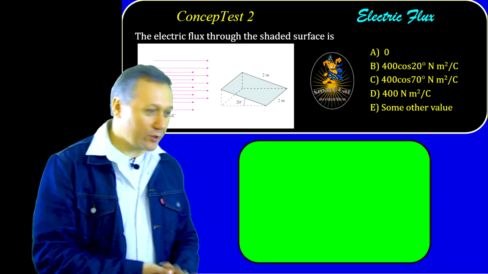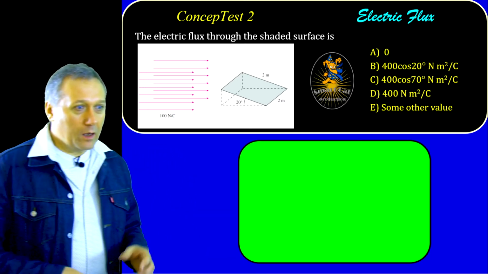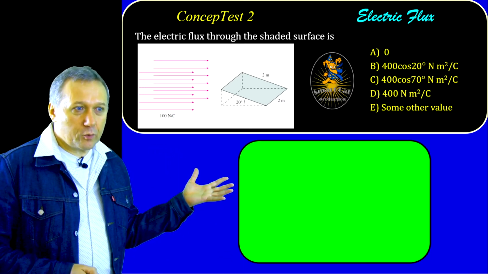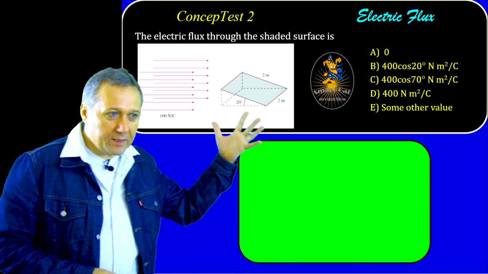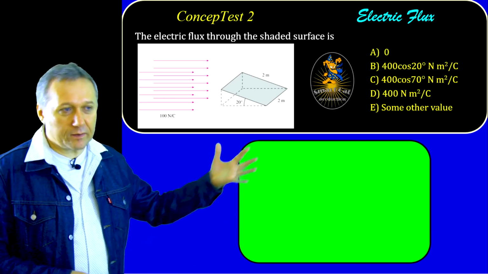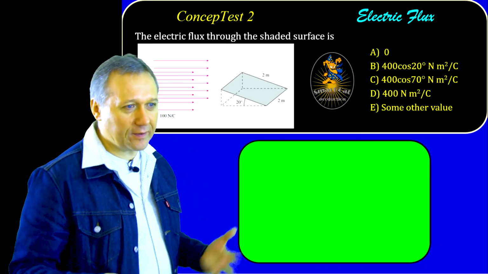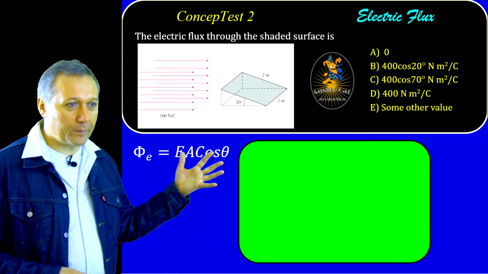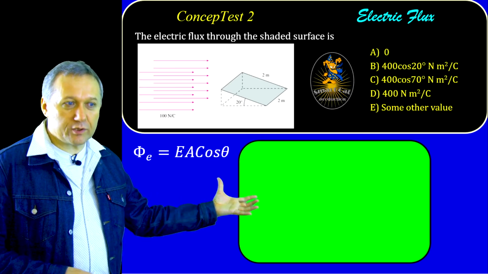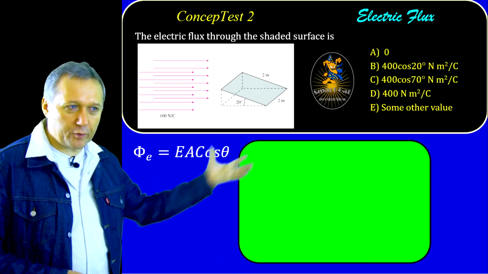So now it's time for me to discuss. Again, we need to pick the area vector, and position the tails of the electric field vector and area vector at the same point. We can still use the same formula: flat surface, uniform electric field.